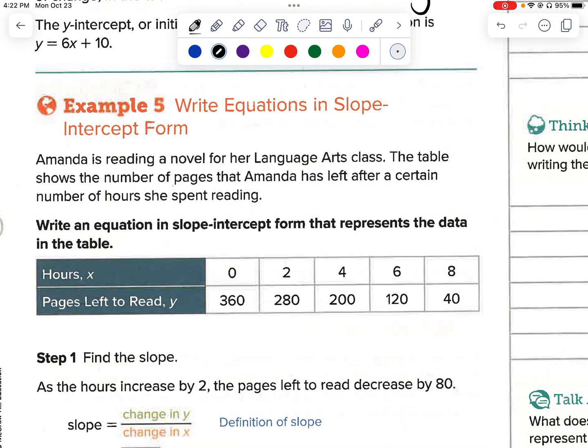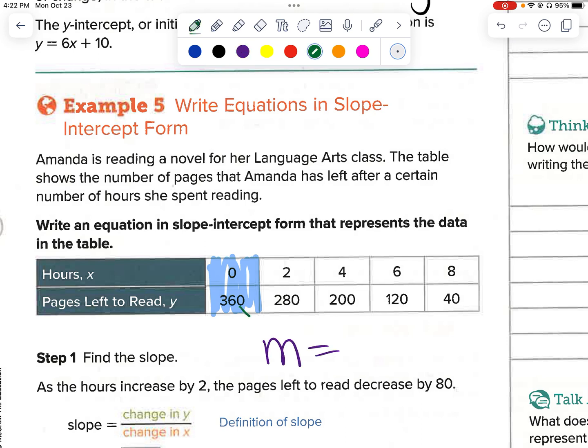So they're being really nice to you guys, and they're giving you the y-intercept in each one of these. As long as x is equal to 0, that is my y-intercept. Now I need to find the slope, okay? So slope is going to equal the change in y.